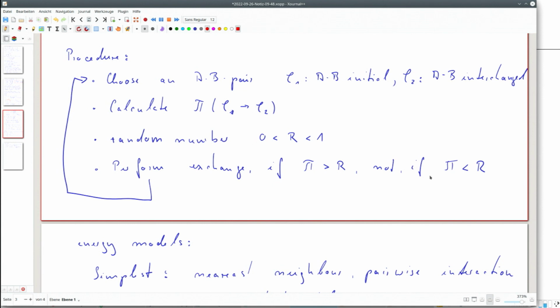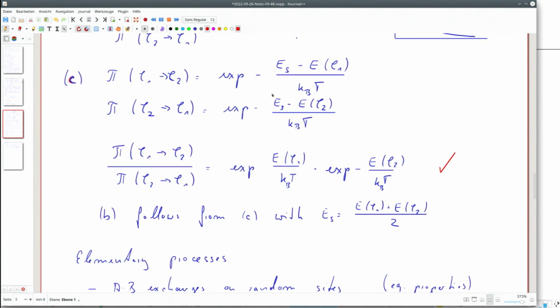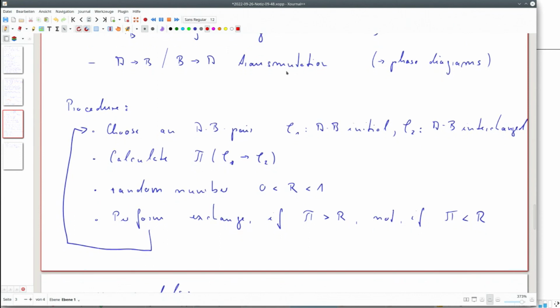So the saddle point energy can result in a huge waste of computer time. But there is a way out of it, which is quite nice. Since this saddle point energy we keep constant here, it just rescales the time.